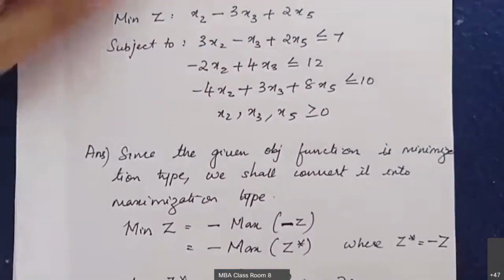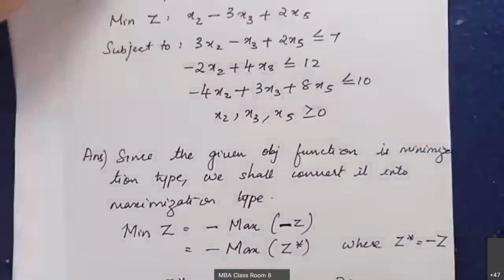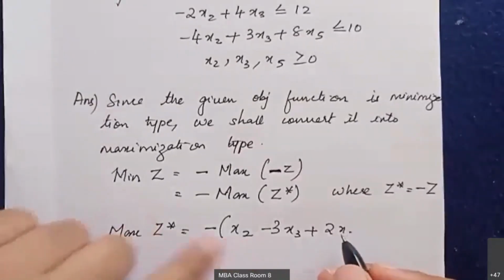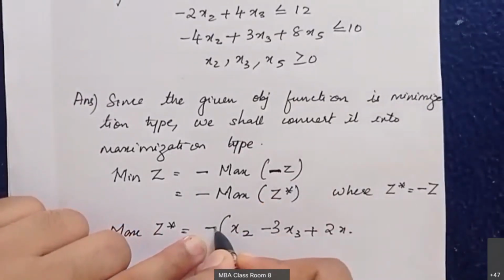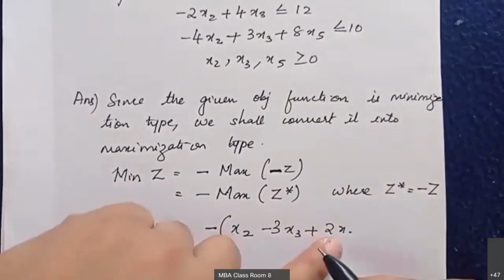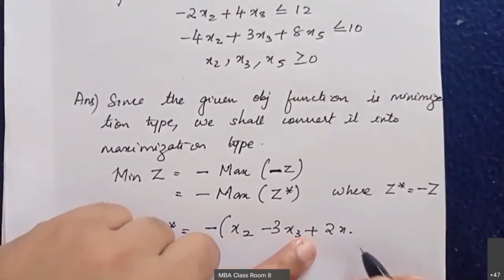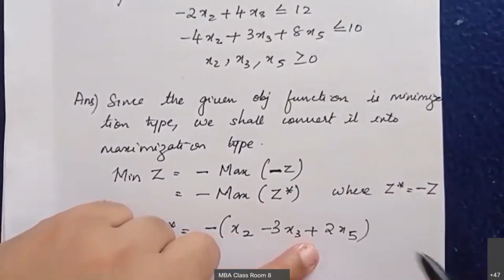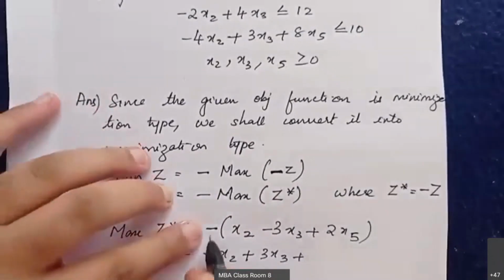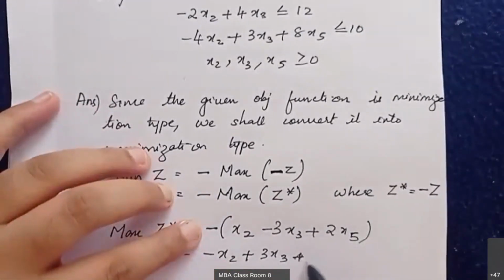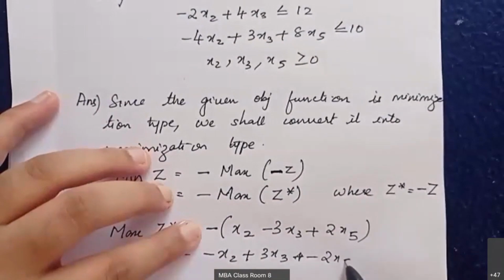Can you see? I'm writing the same objective function, this one over here. Negative of, this negative I have put over here. Negative of the objective function, close the bracket. So what do you get? Minus x2, minus and minus will become plus 3x3, and this negative, when you take it over here, will become minus 2x5.